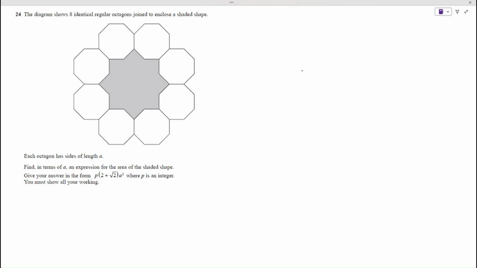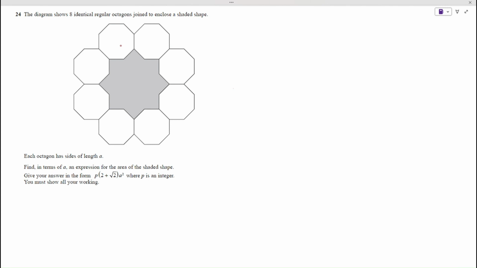It's great at bringing together the different rules that we know, like Pythagoras, expanding out our brackets, and also dealing with the area of shapes. So question 24. The diagram shows 8 identical regular octagons joined to enclose a shaded shape.